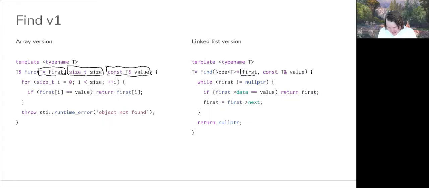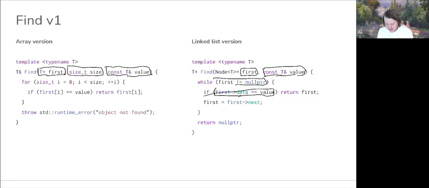Let's contrast this with the linked list version. I'm keeping the naming scheme similar as we move these together. I'm going to have first, which is a pointer to a node storing some type T, and then I'll pass by constant reference the value we're looking for. I don't think this is any different from what we've seen to this point in the course when interacting with linked lists. While we're not at the end of the linked list, so while first is not equal to the null pointer, we check first's data to see if it's equal to value.